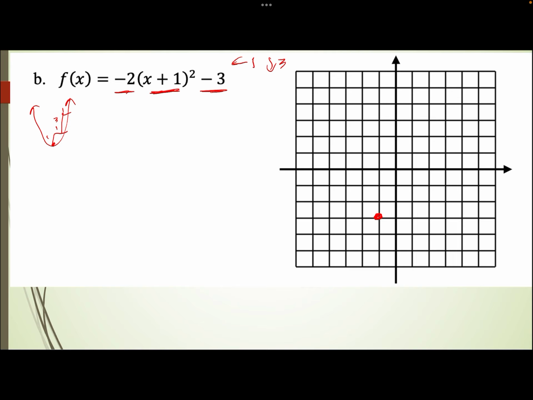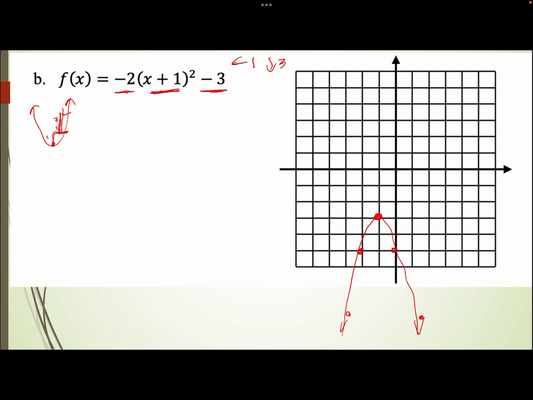But now I have a reflection because it's negative and a stretch. So instead of going 1, 1, I'm going to go negative 2, 1, negative 2, 1. And then instead of 3, I do negative 6. But we're out of graph here, so here's my parabola.